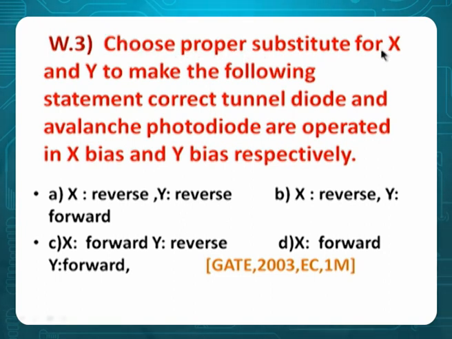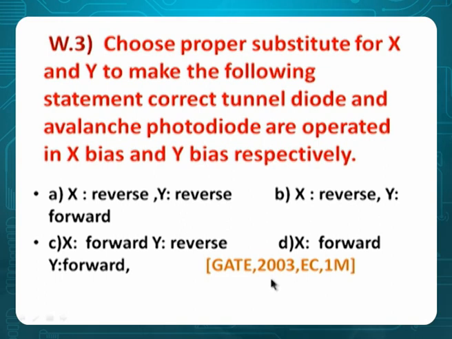Question number 3. Choose a proper substitute for X and Y to make the following statement correct. Tunnel diode and avalanche photodiode are operated in X bias and Y bias respectively: reverse and reverse, reverse and forward, forward and reverse, forward and forward.